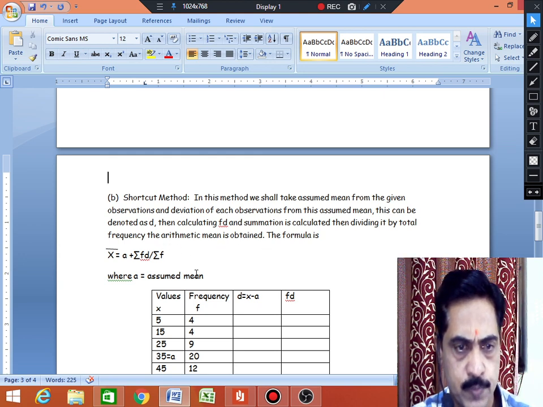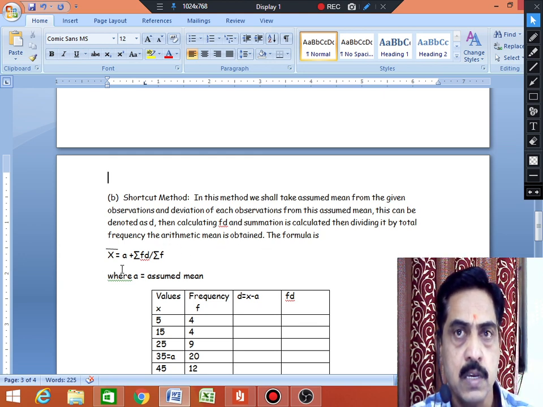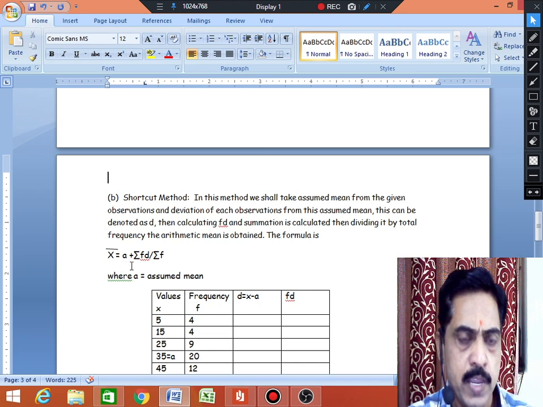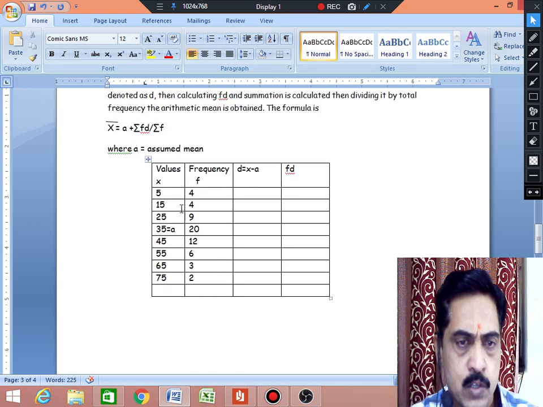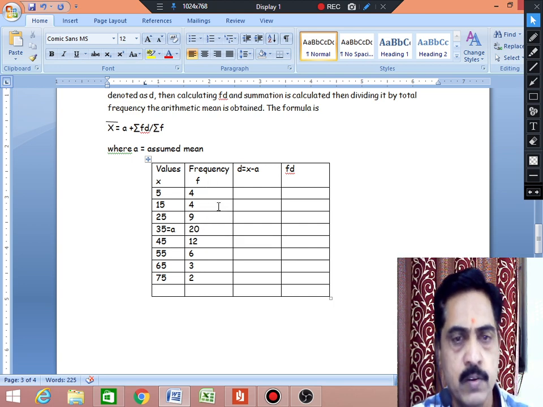The formula is x bar equal to a plus summation fd by summation f, where a is the assumed mean. So in addition to the given data, we first have to find d, then fd.